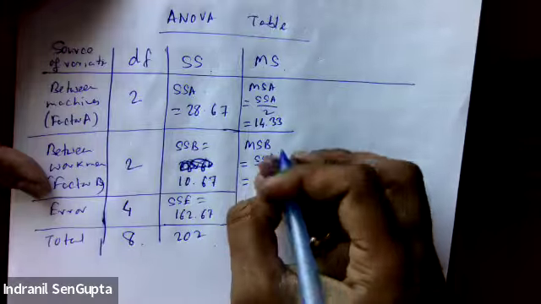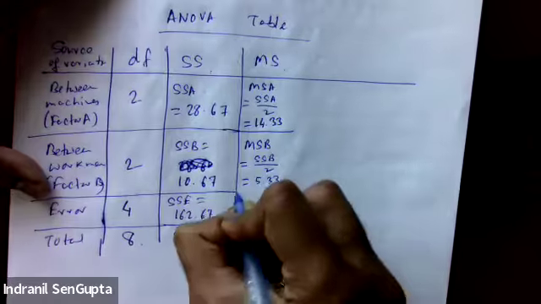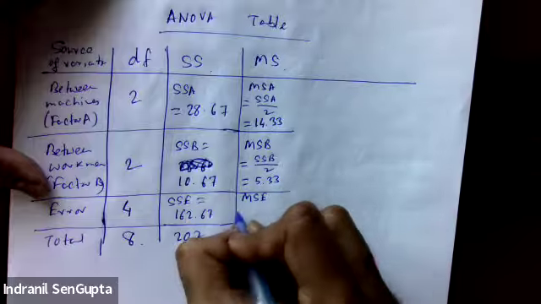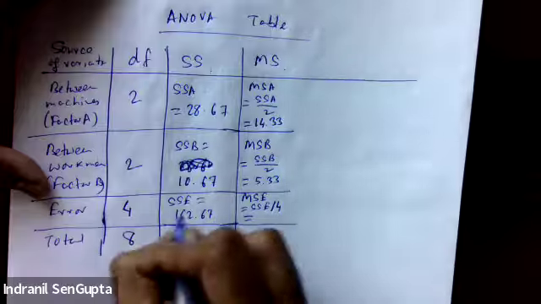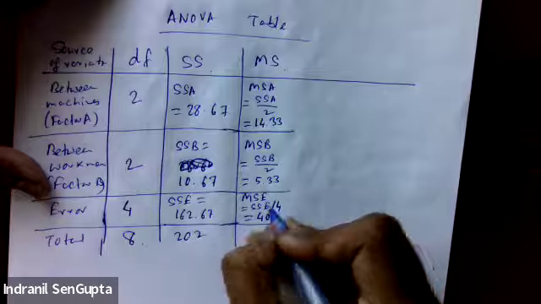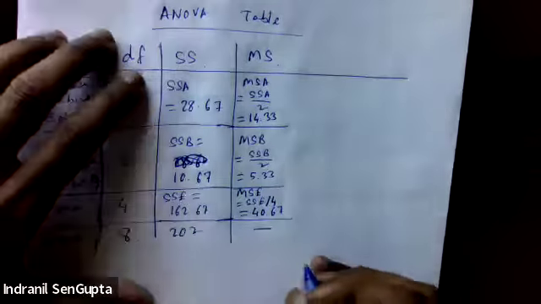So that is going to be 5.33. And finally, MSE, which is SSE over 4. So that means this number divided by 4, it's about 40.67. And we don't add here. Okay.